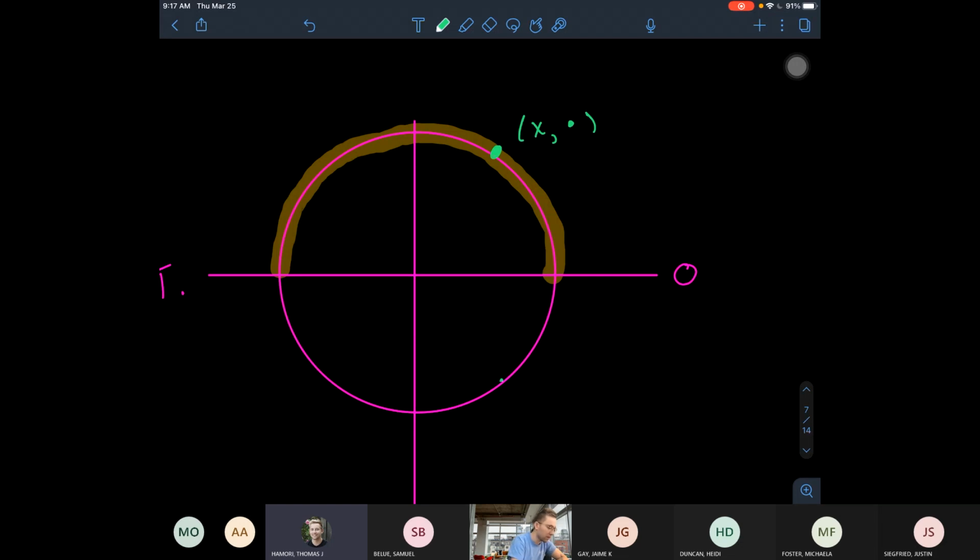It's the point on the bottom half of the unit circle with the same x value. I'm just using this dot as a placeholder for whatever y is. But these 2 points have the same x value.